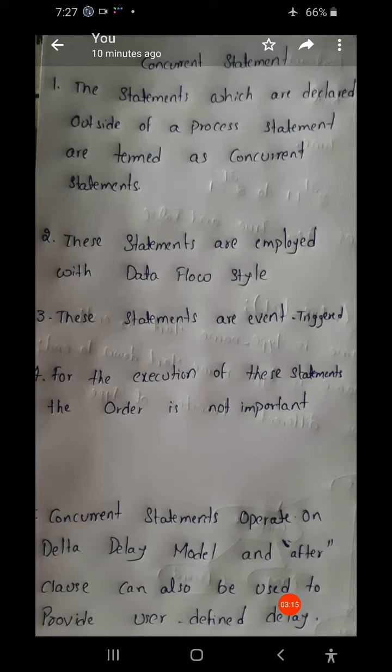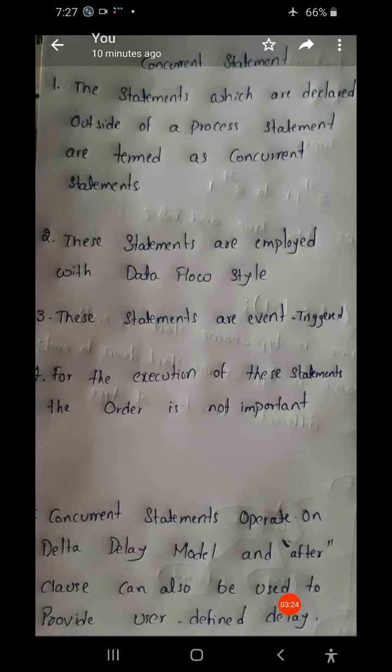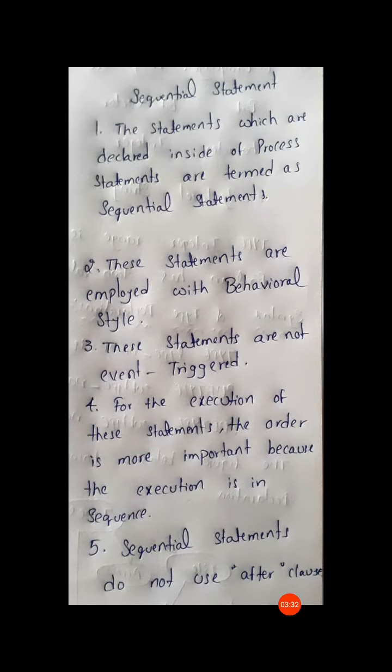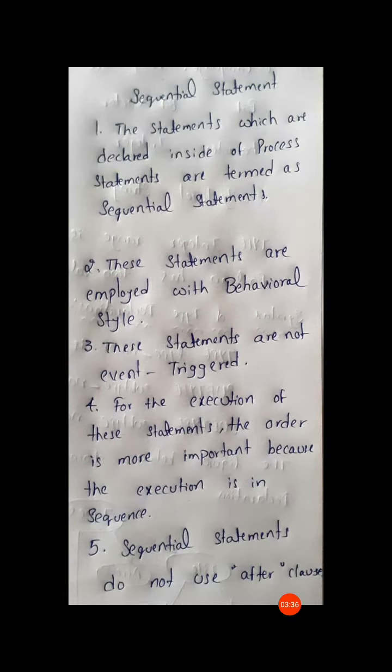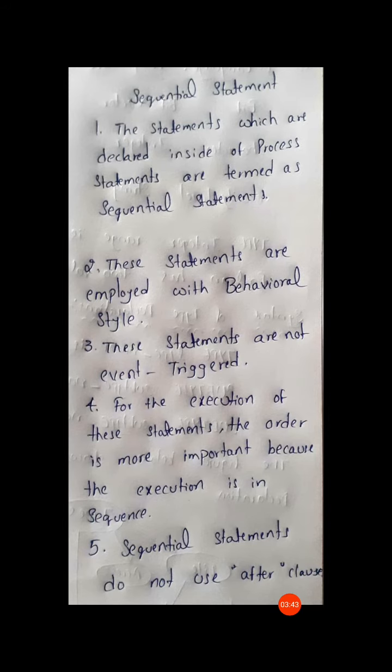Next, coming to the sequential statements, they cannot be used with the after clause.